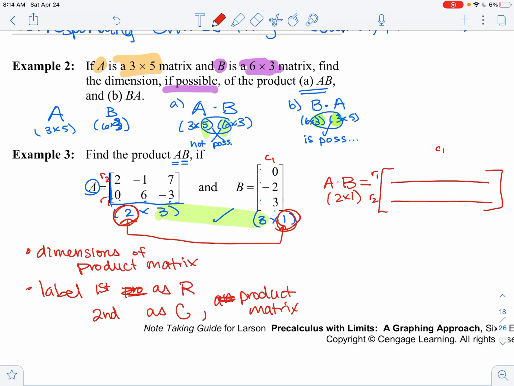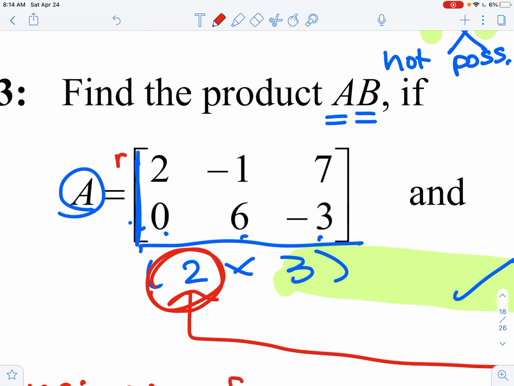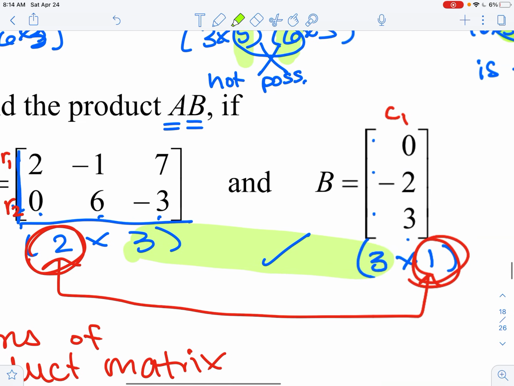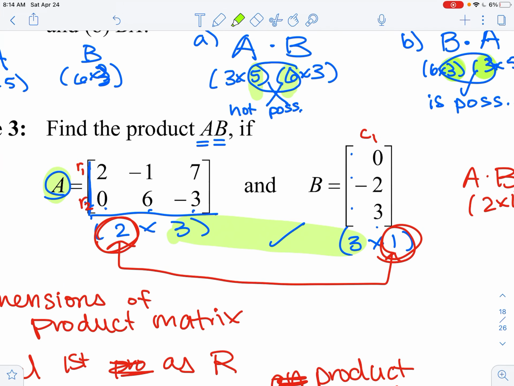Okay, so we did that here. I messed up on that. This is not row 2. So this would be row 1, row 2. And this is the first matrix we're multiplying. And this is the column 1 matrix.